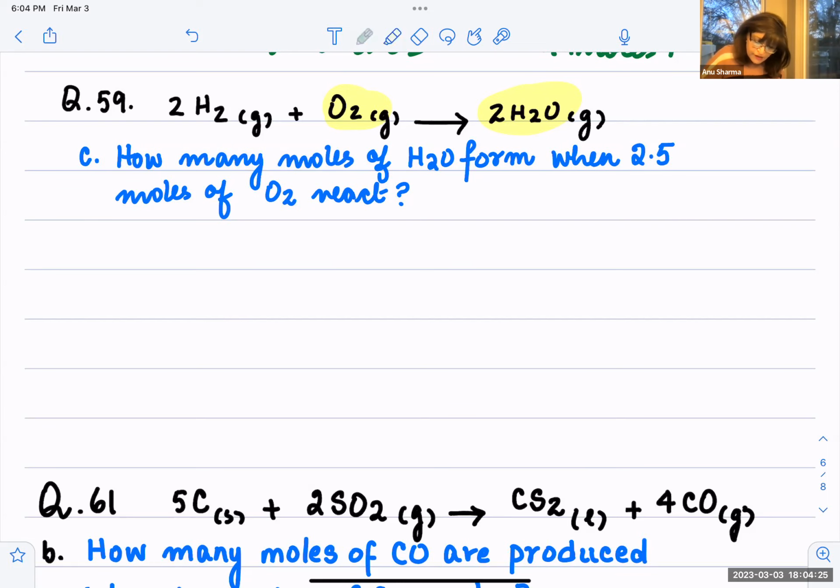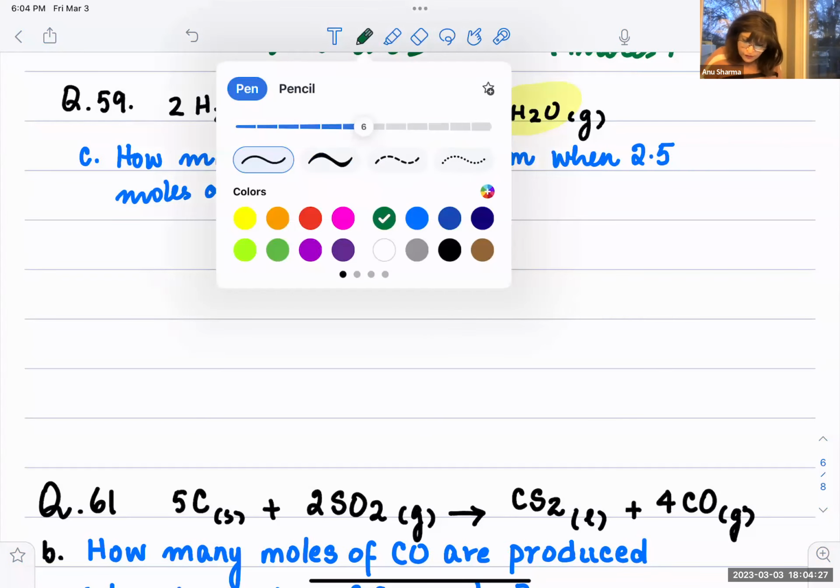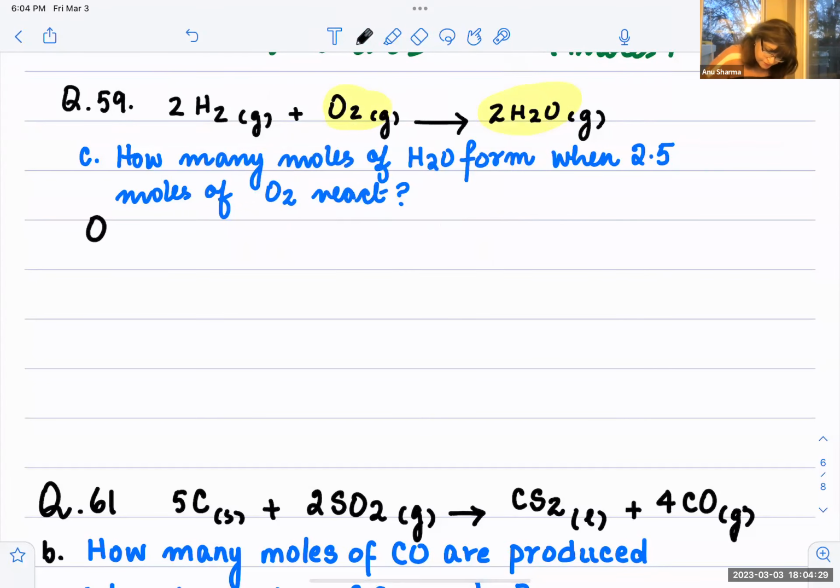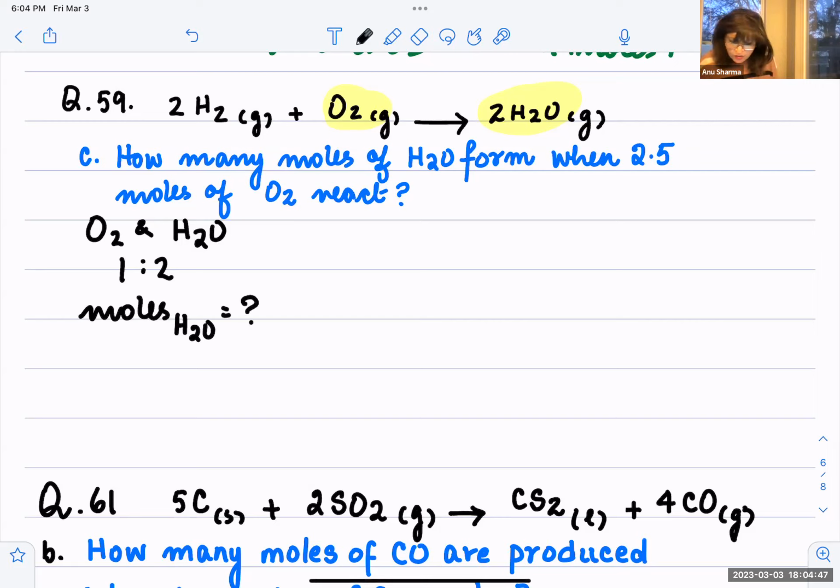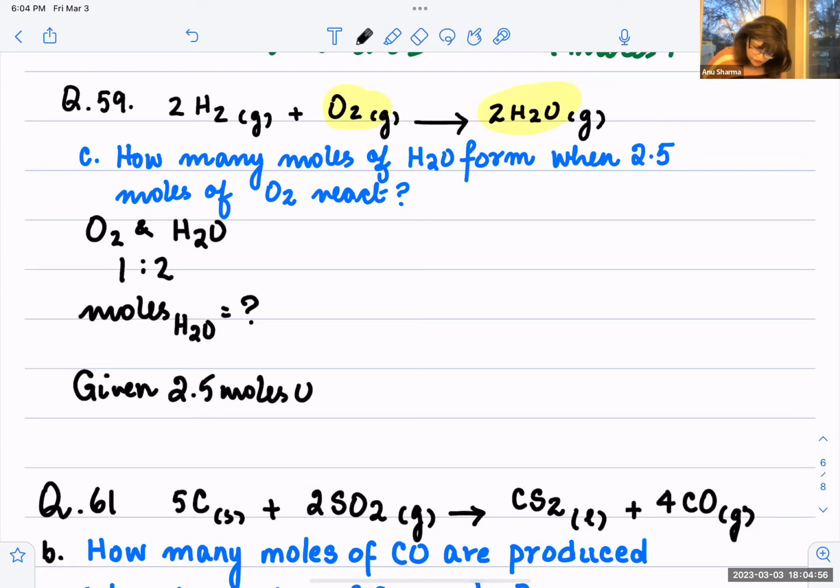So we are looking at oxygen and H2O, and the relationship is 1:2. Now, how many moles of water form? We need to find the moles of water. So always write down what we need. We are given 2.5 moles of oxygen.